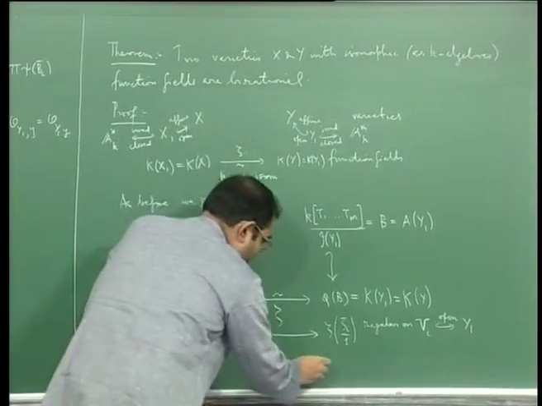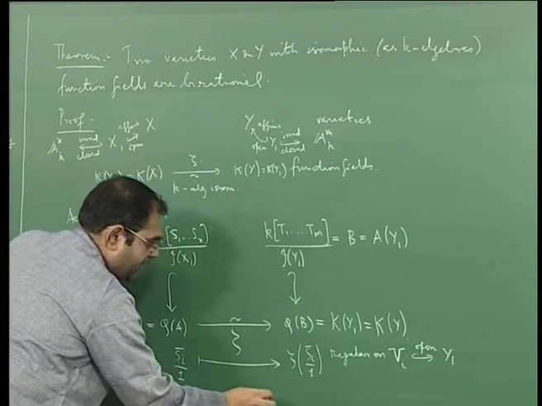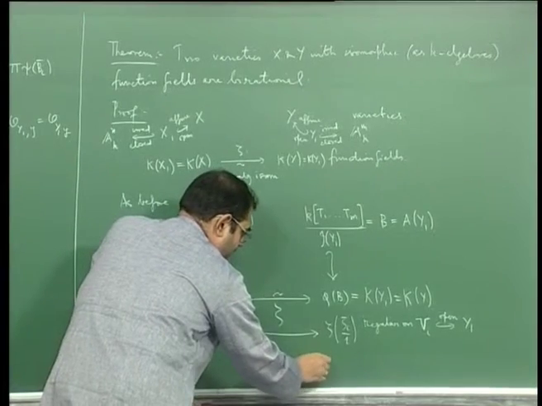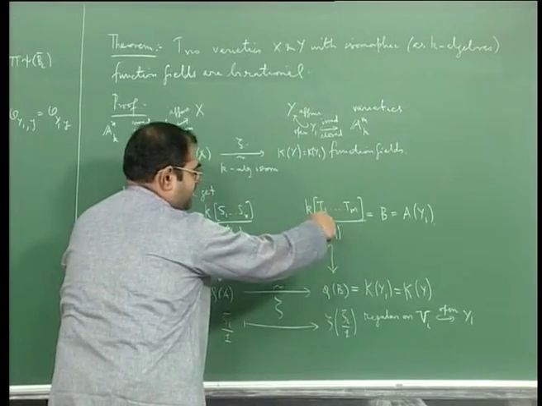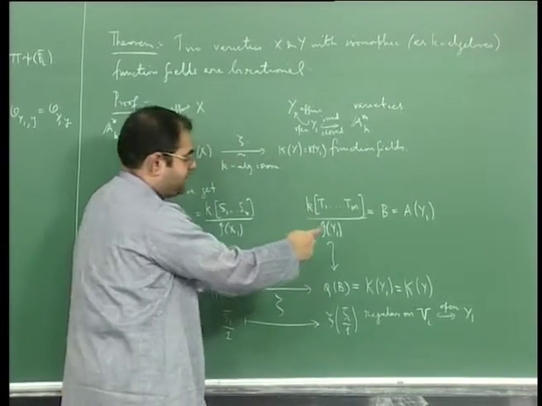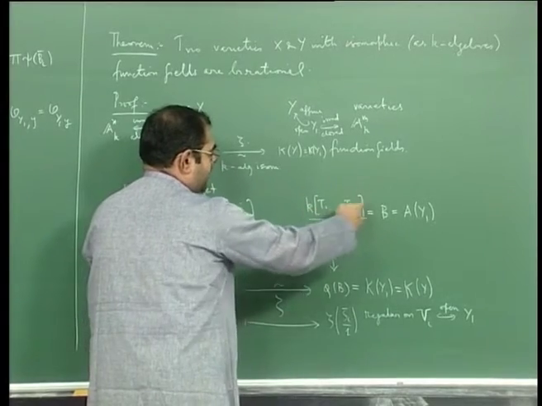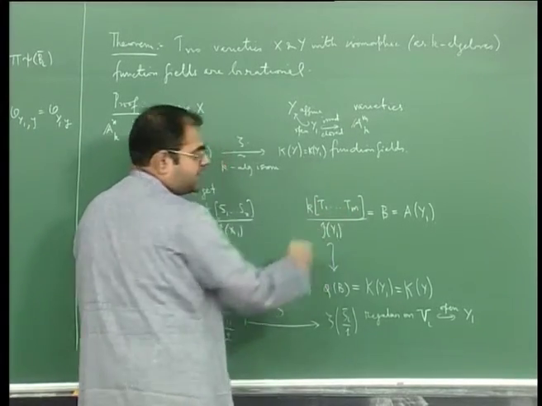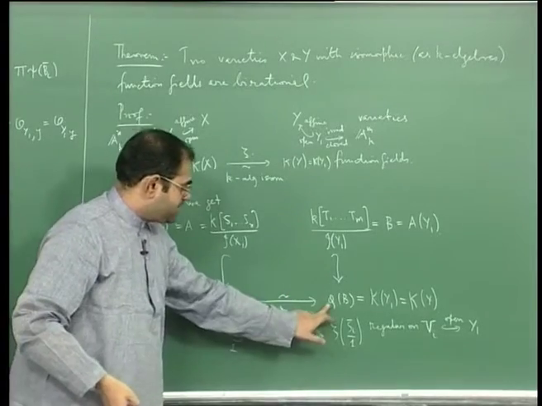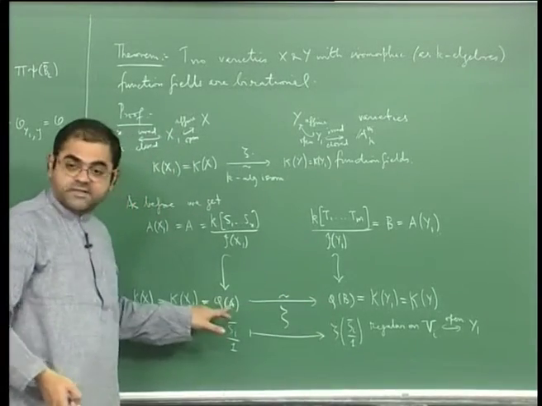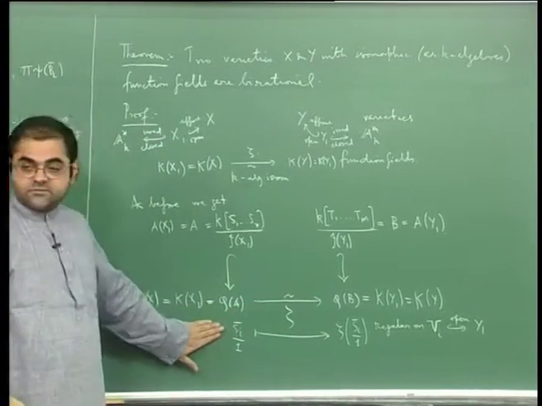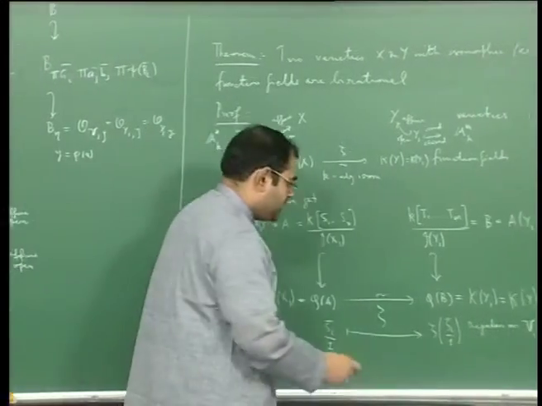So I can also look at the t's. The tj's are all coordinate functions here, and their images in B will be the tj bars, and then you take their images in the quotient field followed by zeta inverse, and I am going to get rational functions on this side, okay. So the same argument applies.